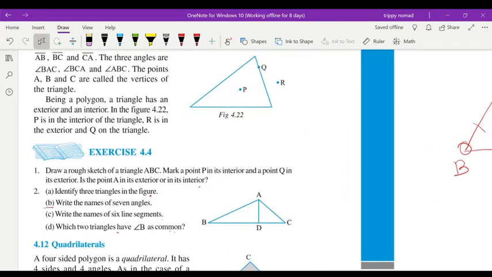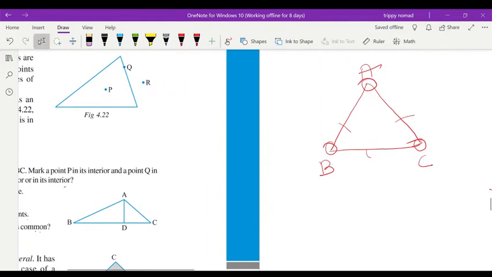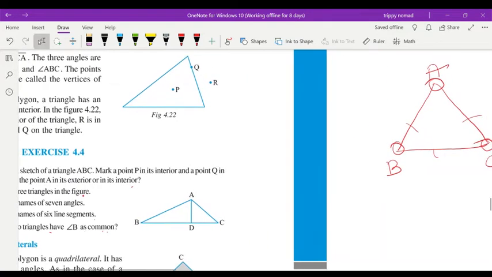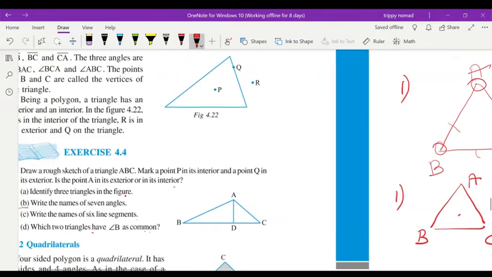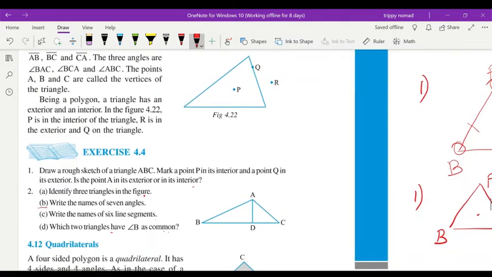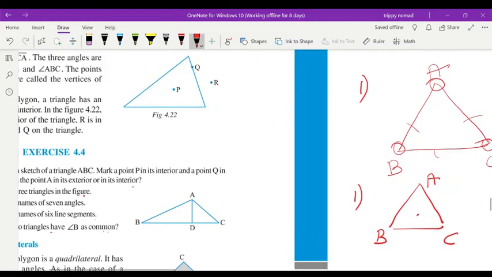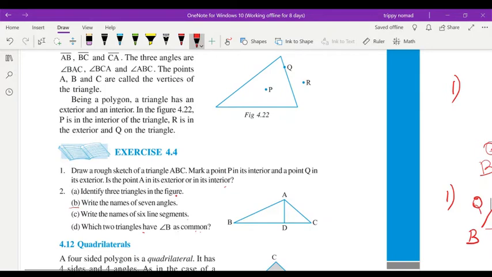Mark point P in its interior. Okay, triangle ABC. You can draw this one, or otherwise I am drawing again A, B, C and point P inside. This is very simple. And Q exterior. Like that also you can show point Q in its exterior.